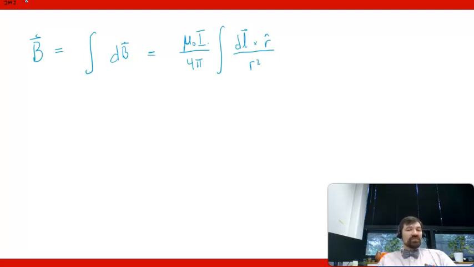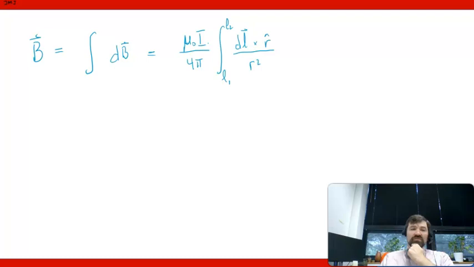The differential that we're using is this dl differential. Here's maybe where we would put in our endpoints L1 and L2 or Li and Lf or whatever you want to call them. The tricky thing left is the cross product dl cross r hat, and figuring out what r squared is doing is usually the difficult part of this integral.